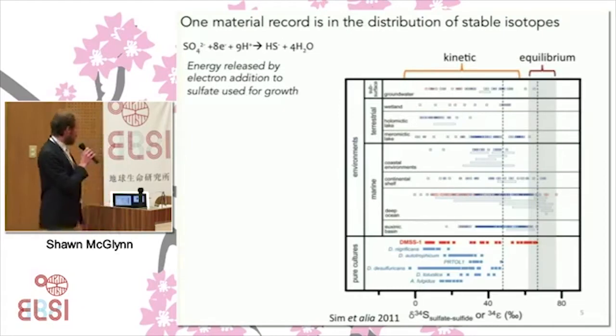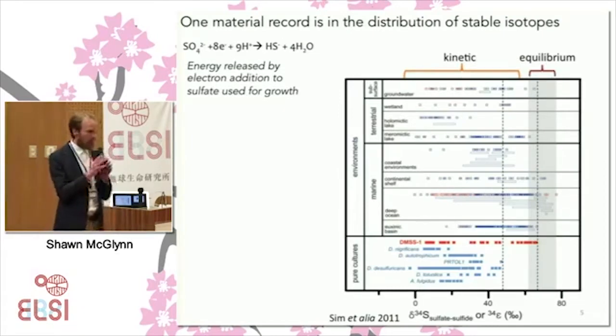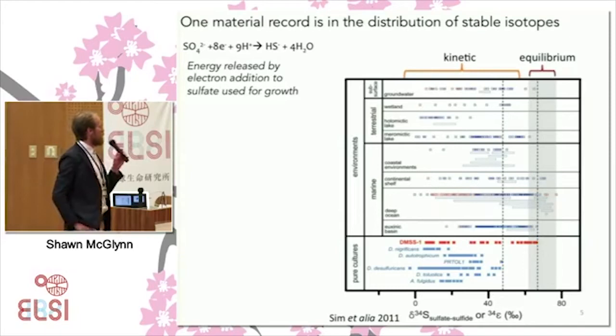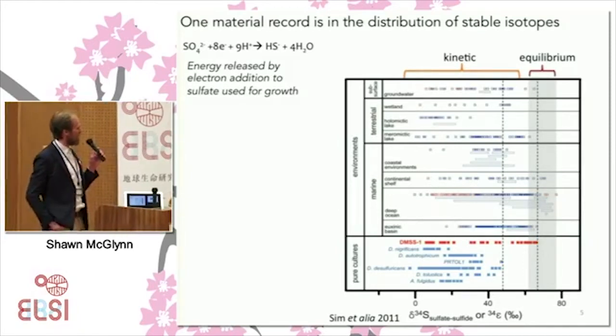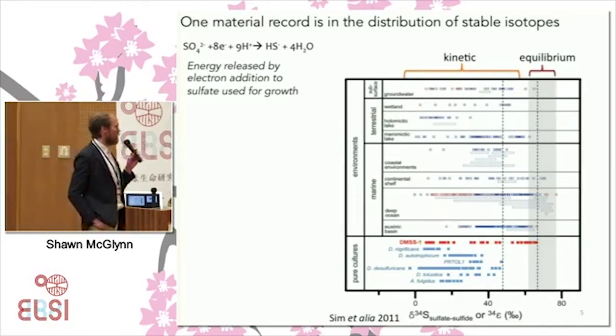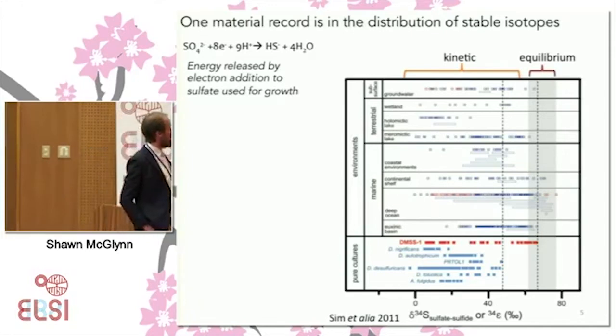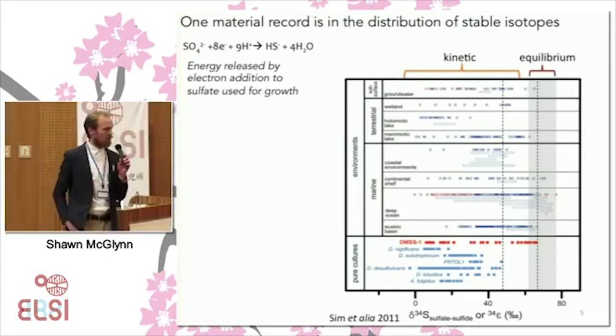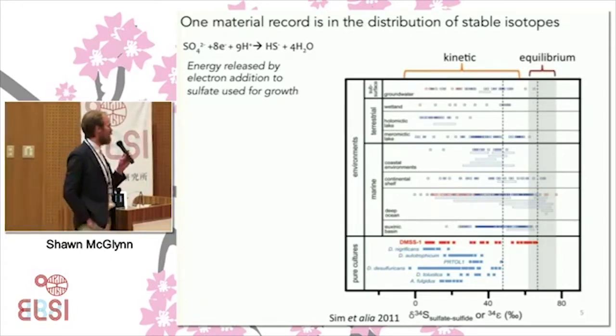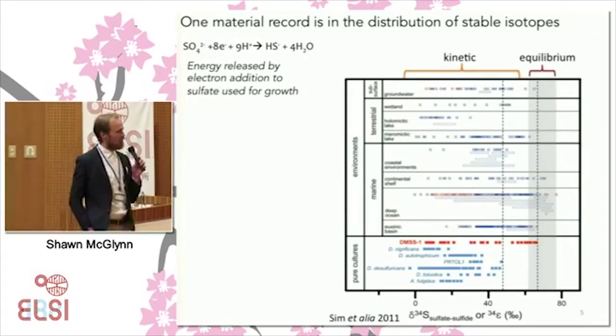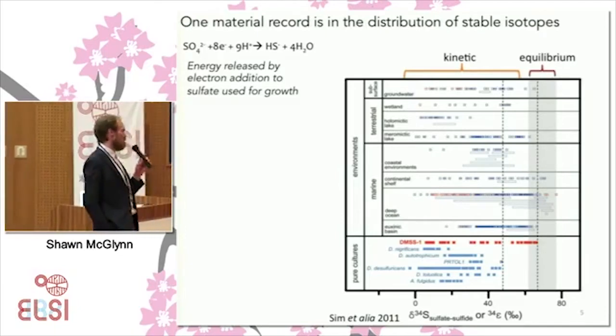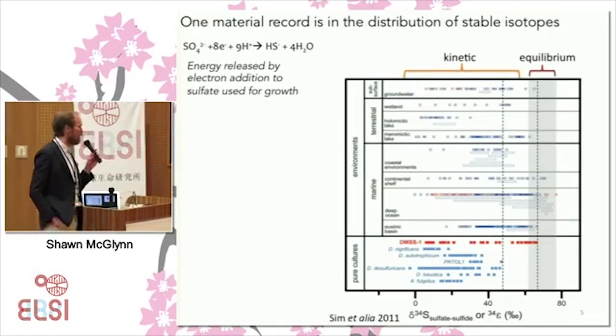And as I said, there's a long tradition in geochemistry of measuring stable isotopes of sulfur through time and also in different environments. What I'm showing here is a compilation of sulfur isotopes between sulfate and sulfide, looking at the two isotopes of sulfur, sulfur 32 and sulfur 34.